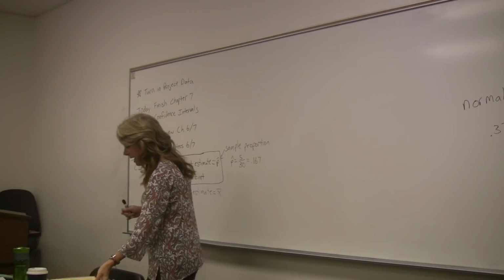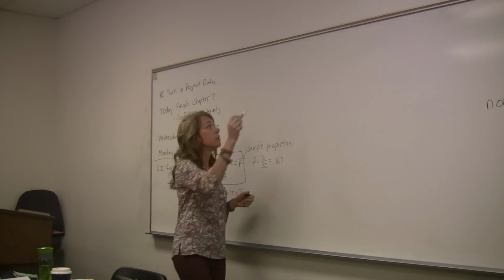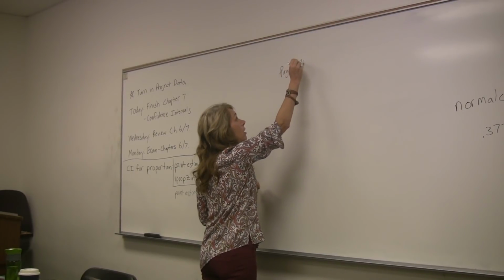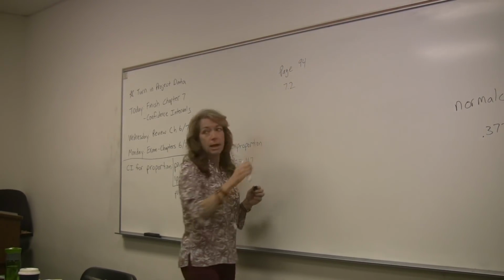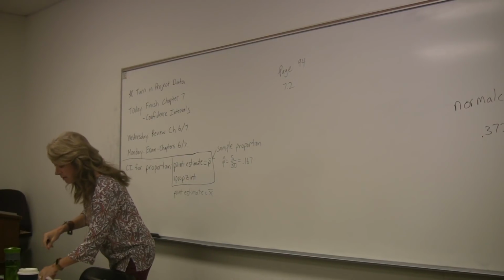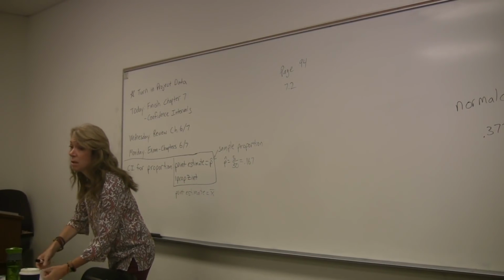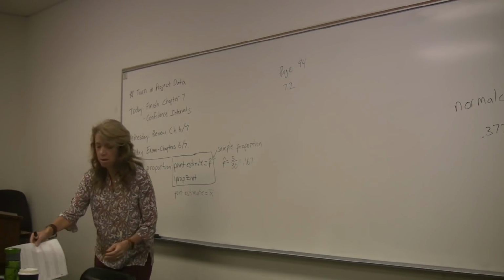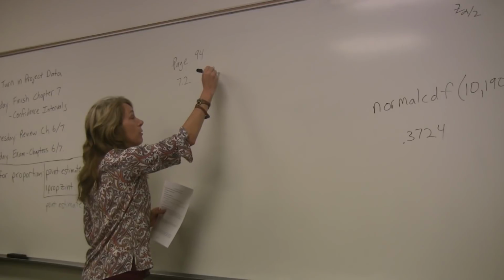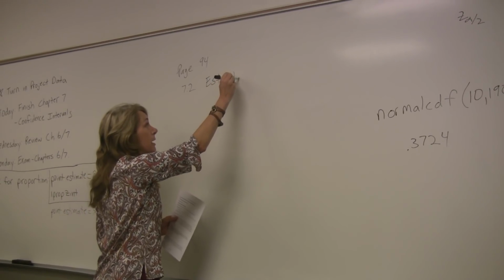7.2 is on page 94 of our notes. And notice what it says up there. Estimating a population mean. What were we doing last time in 7.1?